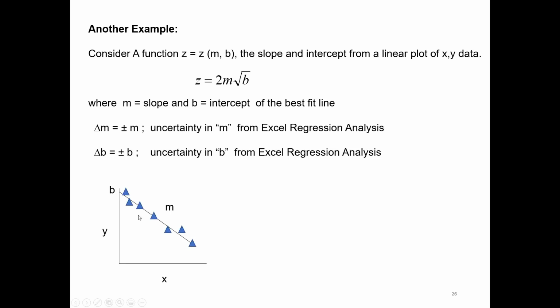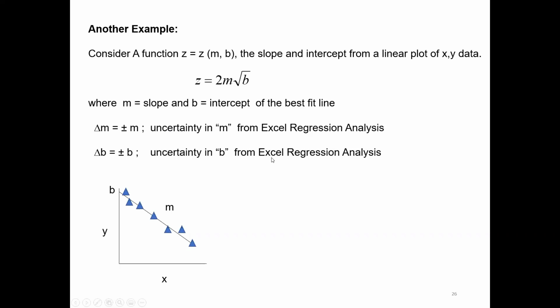So if I run a linear plot of the measurement data, I can get m as a slope, and b, that's my intercept. So m is slope, b is intercept. And this function z equal to 2 times m times the square root of b. Here, I have some uncertainty in m and the uncertainty in b. That's what we found in the Excel regression analysis.